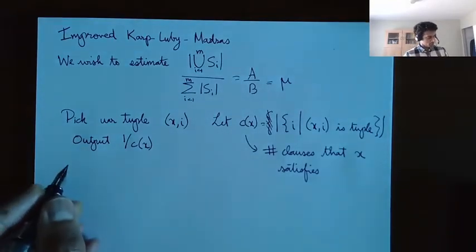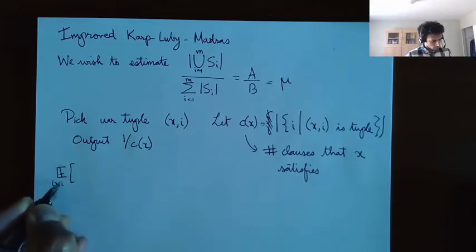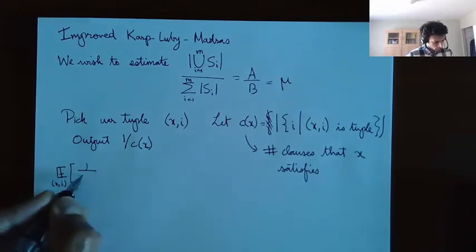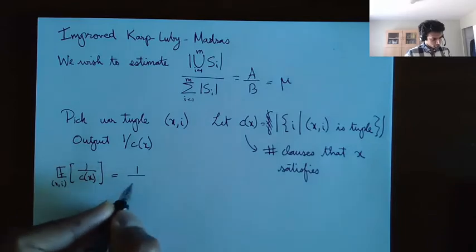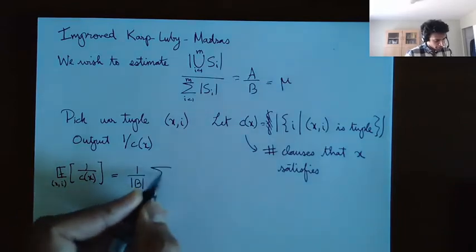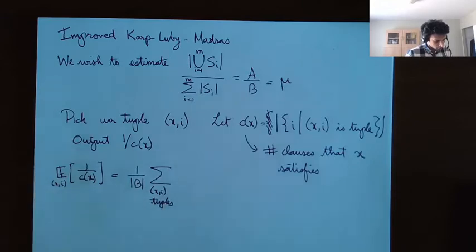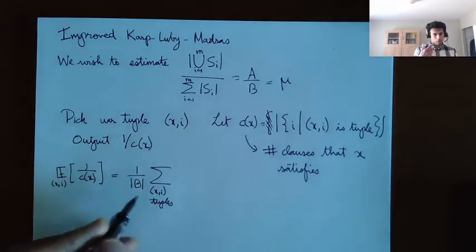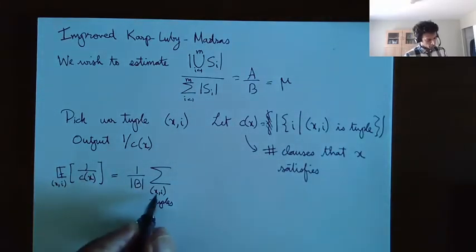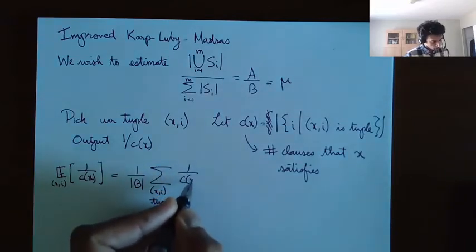Okay? So what is the expectation? Remember, we're choosing tuples and outputting 1 divided by c(x). We picked tuples uniformly at random, so that's the sum over all tuples, with 1 divided by b as the probability of picking a tuple (x, i), times 1 divided by c(x).